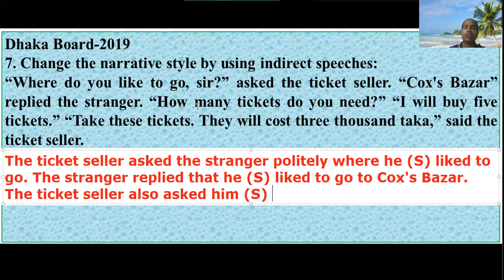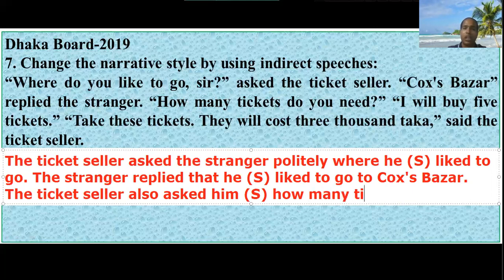So you have to write this word how, because if is not correct, because this sentence begins with a WH word. If the sentence begins with an auxiliary verb, you can use if. So how many tickets? You have to write how many tickets.